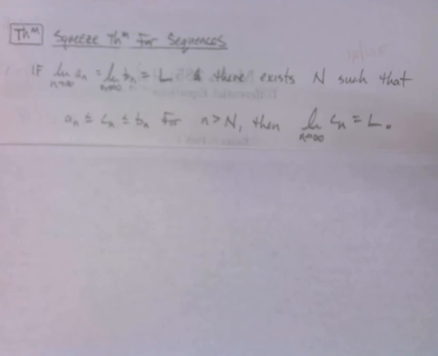the official definition. If the limit as n approaches infinity of a sub n is equal to the limit as n approaches infinity of another sequence b sub n, and maybe we say that they both equal L, and there exists capital N such that a sub n is less than or equal to c sub n, which is less than or equal to b sub n, for little n greater than capital N, then the limit as little n approaches infinity of c sub n has to equal L as well.